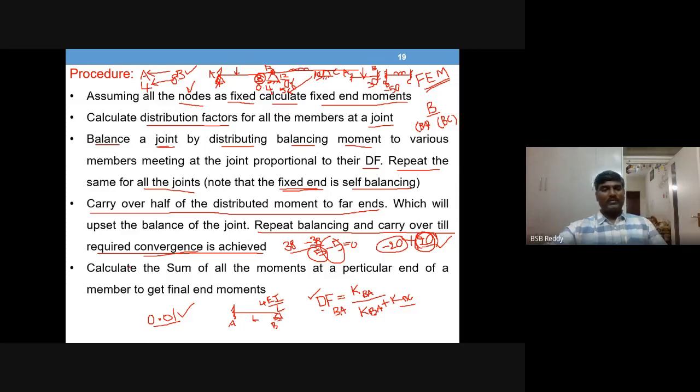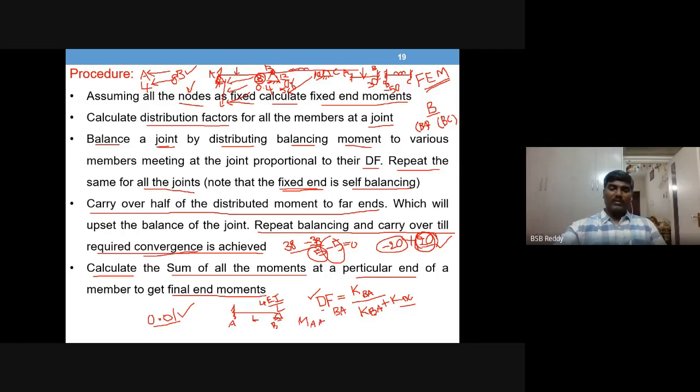And then finally calculate the sum of all the moments at a particular end, so that you will get the final end moments. As you carry so many values from B to A over all the trials, trial 1, 2, 3, 4, 5, like that, if you add all the values at A, you will get the moment MAB.